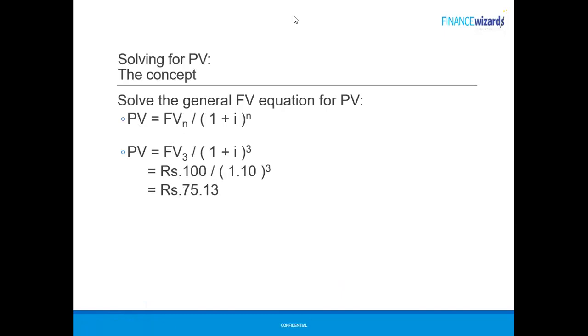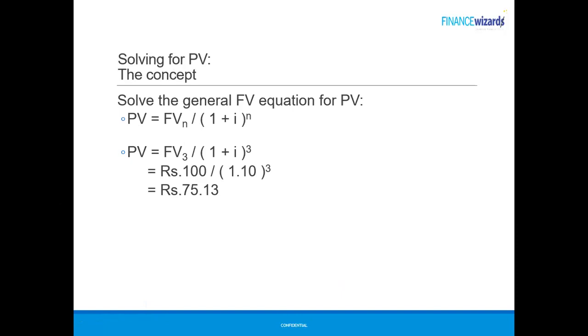PV is equal to, because we saw the formula earlier, future value is equal to PV into 1 plus I to the power n. Then using the same formula, PV is equal to future value after n years divided by 1 plus I to the power n. I would go to the extent of saying this is one of the most important formulas in finance.